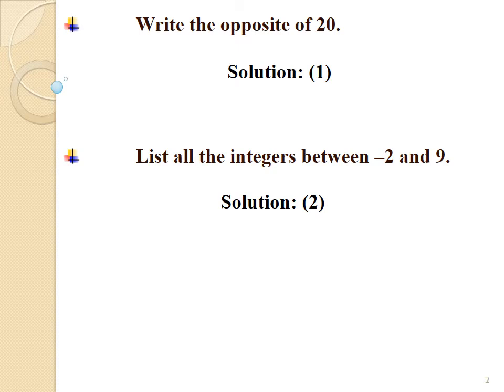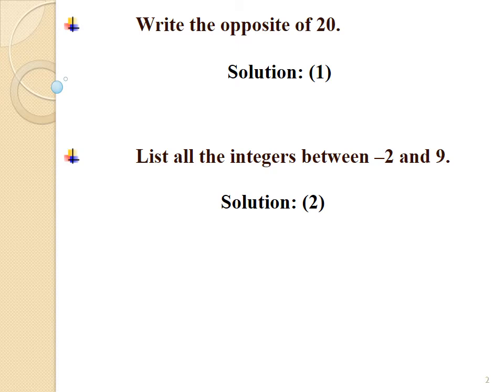If two integers are added and the sum is 0, then each number is called the additive inverse of the other. For example, -3 and 3, 8 and -8, 11 and -11 are additive inverse of each other.